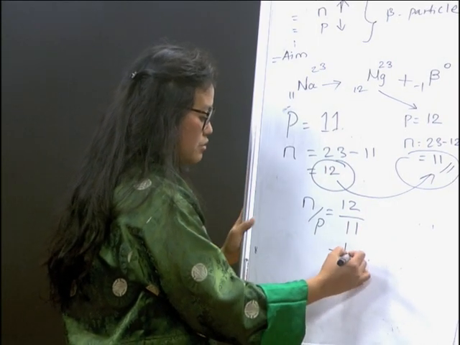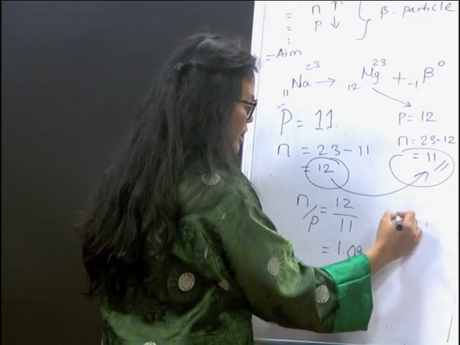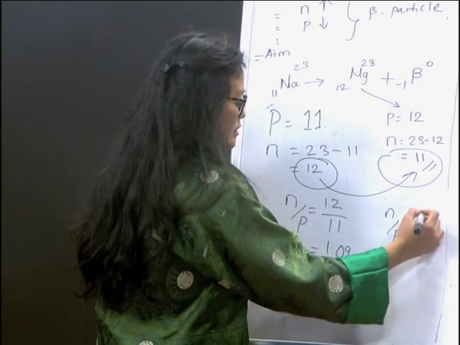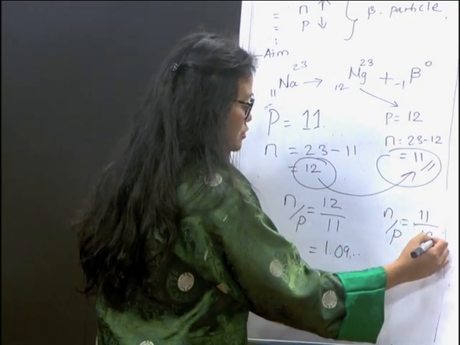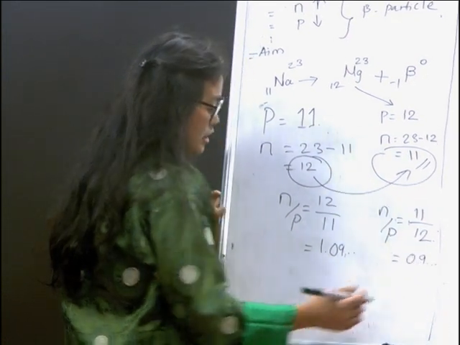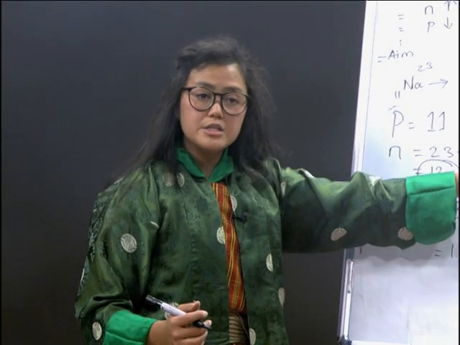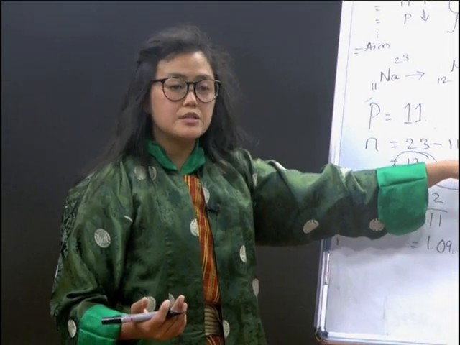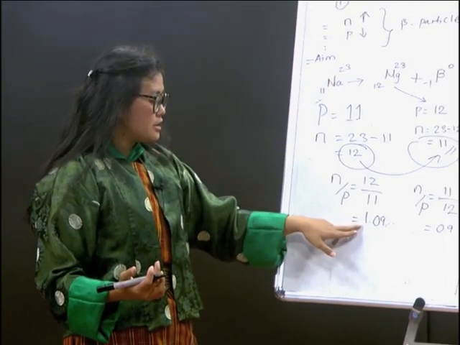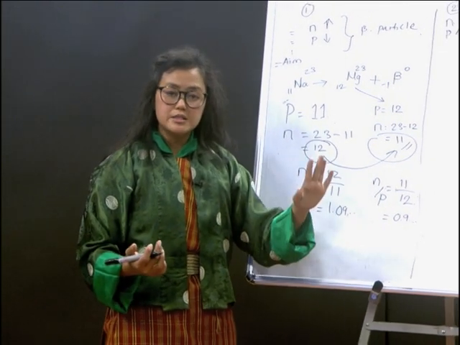So it will come around 1.09, and here when you find the ratio, n is 11 and p is 12. So it will be around 0.9. So in terms of number, it has decreased. We have achieved the aim here, and when it comes to the NP ratio, what has happened? Even the NP ratio has decreased.